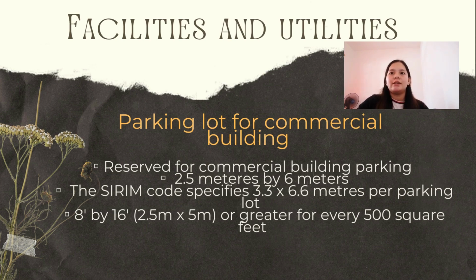So also standardized is the amount of parking spot with one parking space measurement 8 by 16. So or 2.5 meter, we multiply with 5 meter or greater for every 500 square feet for floor space.